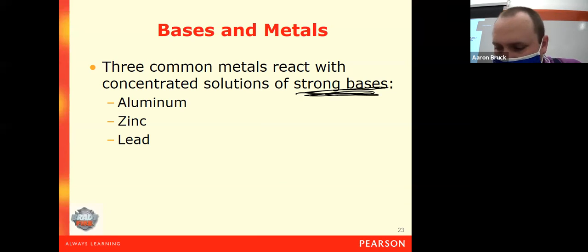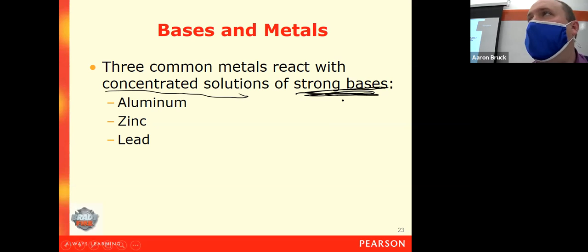So we saw with acids, we could use diluted solutions of really kind of any acid, but strong acids in particular. Here we need concentrated solutions and strong bases. That's the only way that we get these reactions to actually run the way that they're supposed to.